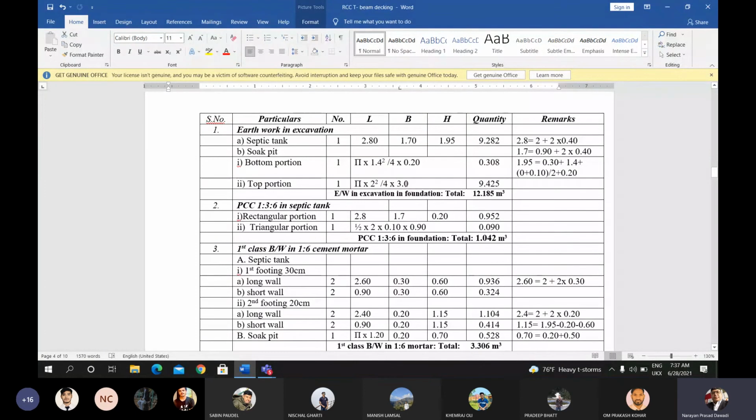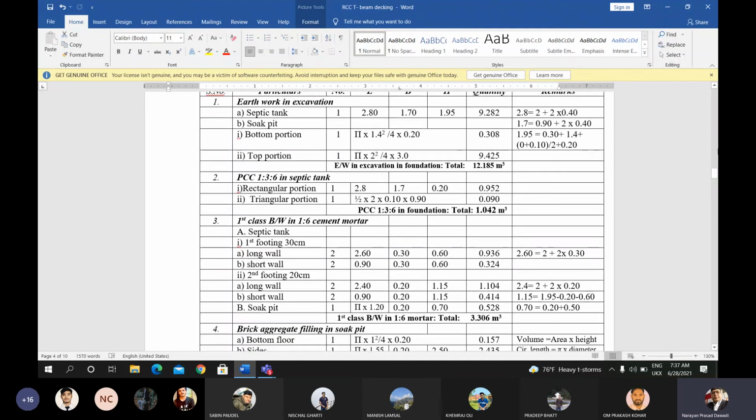The height of the excavation is 3 meter, 250 plus 50, 300 centimeter. The area into depth gives the volume as 9.425 cubic meter.